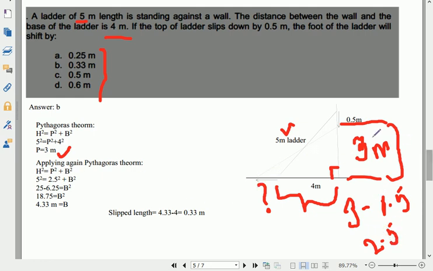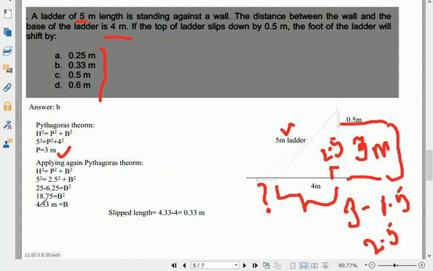So the new perpendicular will be 2.5, and the hypotenuse will remain the same. This hypotenuse is 5 meter, so it will remain the same, and we will have to calculate the base.